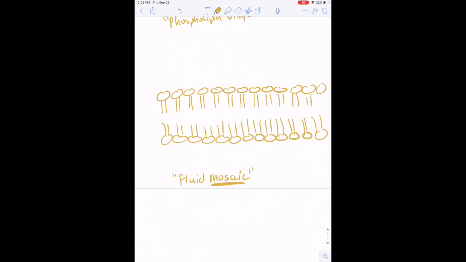And this mosaic here means many parts. Many parts making a greater whole. And we have many, a gazillion phospholipids making up the cell membrane. Fluid meaning it's not rigid. Not rigid at all. All right, so it's a fluid mosaic.